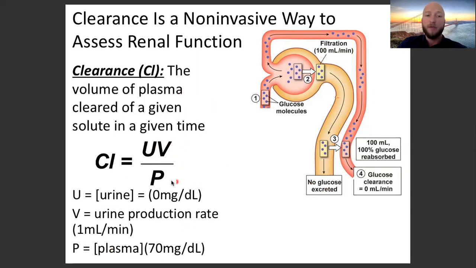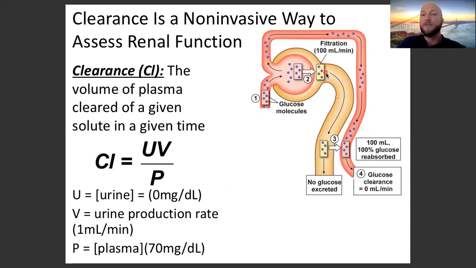So when you see a clearance of 0, that's one way to interpret it. 100% reabsorption would be one way to interpret a 0 clearance value. The other way to interpret a 0 clearance value would be, imagine the situation for protein. Protein never leaves the glomerulus.